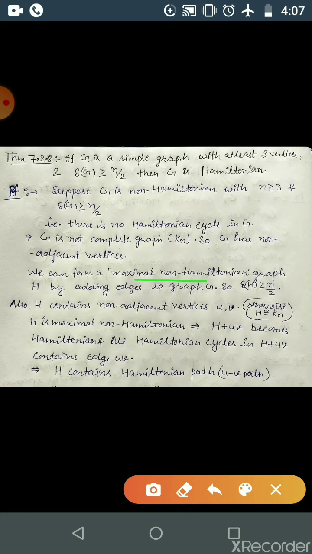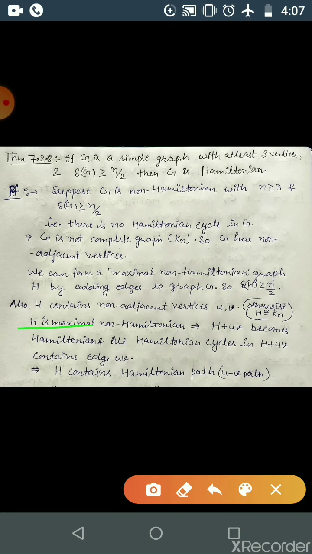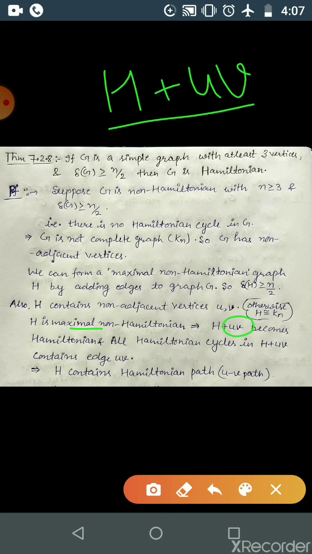Here H contains non-adjacent vertices U and V, otherwise it will be isomorphic to Kn, and then it would become Hamiltonian, but we have considered it non-Hamiltonian, correct? Now H is maximal non-Hamiltonian. Obviously maximal means that H contains 2 non-adjacent vertices, and if we add even a single edge, it becomes a Hamiltonian graph.